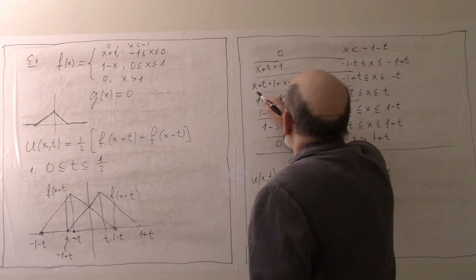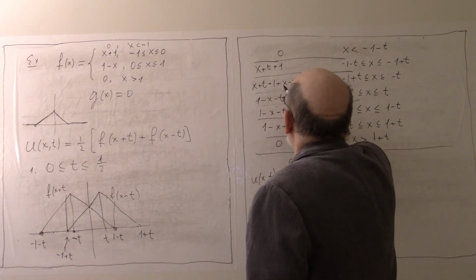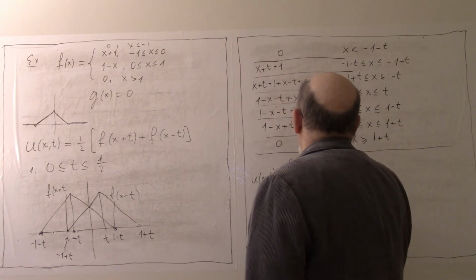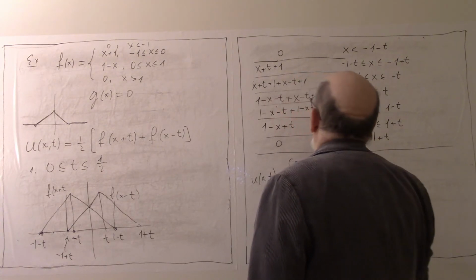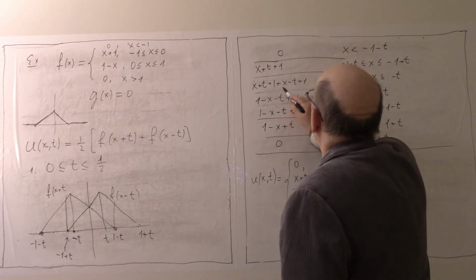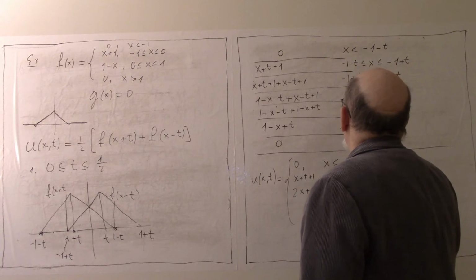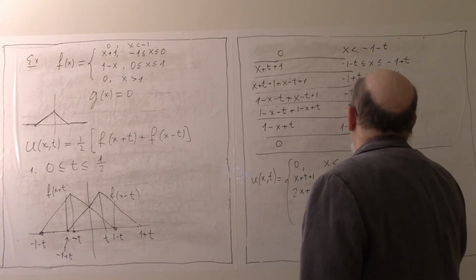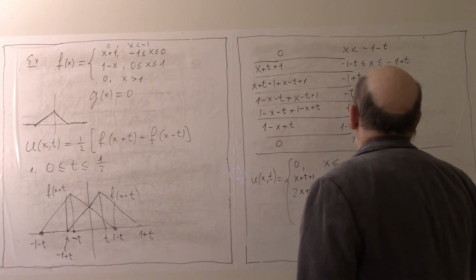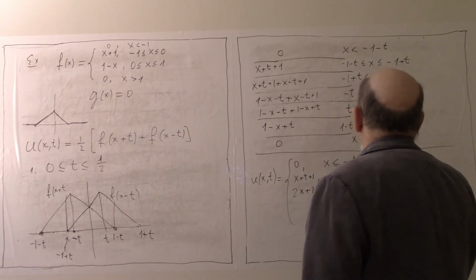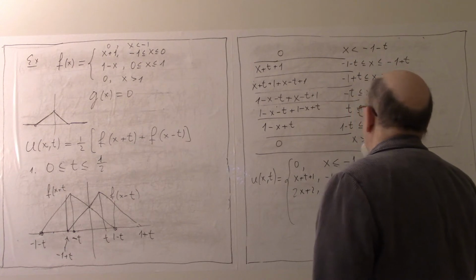Third, x plus t plus x plus 1, that is 2x plus 2, for minus 1 plus t less than x less than minus t.